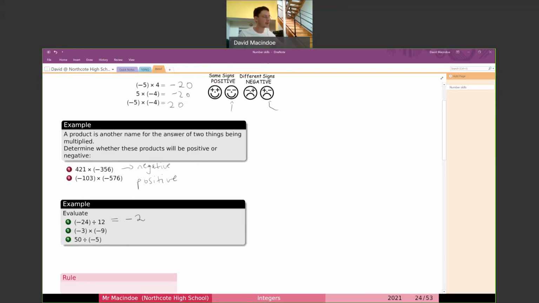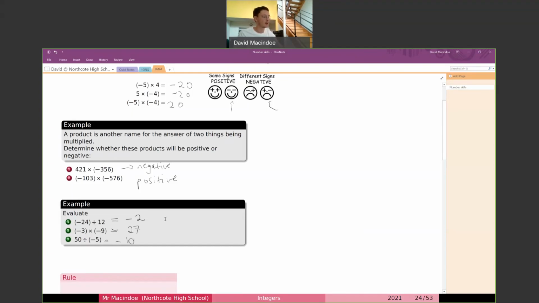All right, here we've got minus 3 times minus 9. I know it's going to be positive, so I won't bother writing in the positive sign. Got two negatives in here. So what, 3 times 9, what's that? 27. So it's just 27, and I'll leave it as that, positive 27. All right, here again, I've got one positive, one negative, so it'll end up as negative. 50 on 5, so 50 divided by 5 goes in 10 times.